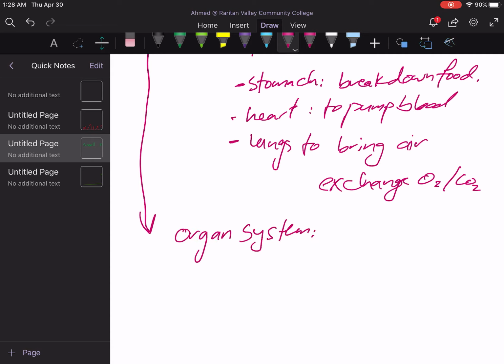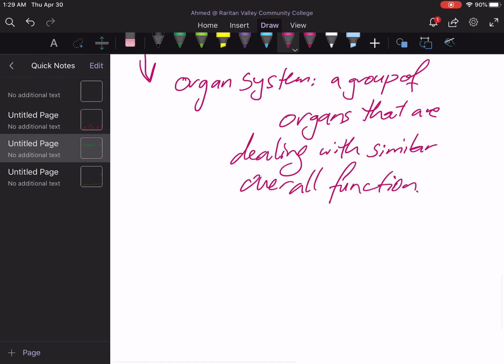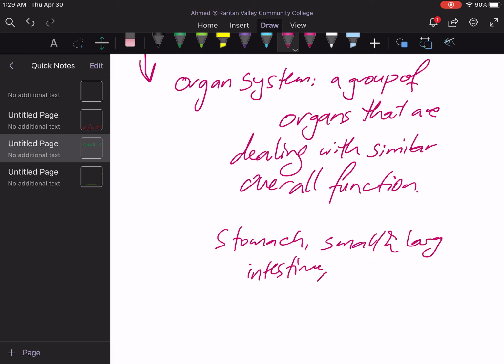An organ system is a group of organs that are dealing with a similar overall function. For example, we have the stomach, the small and large intestine, and along with them the mouth and the esophagus.